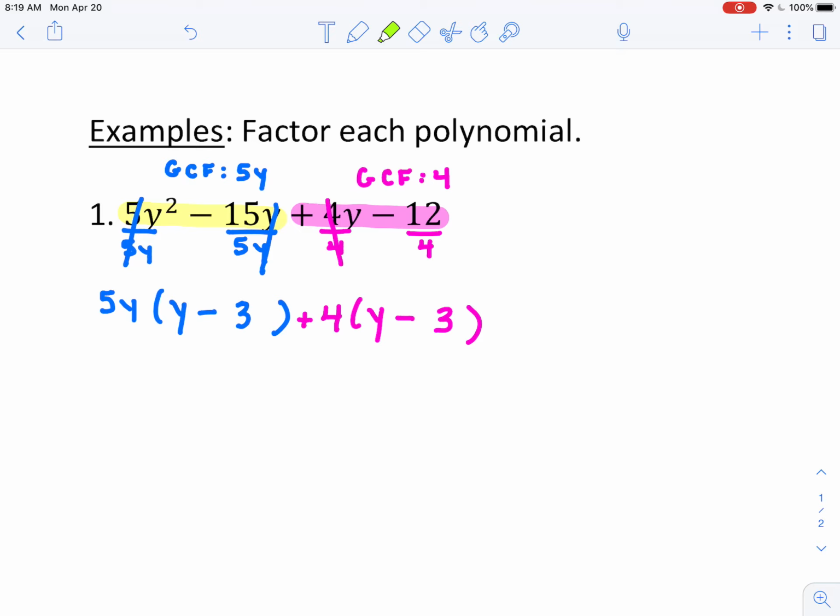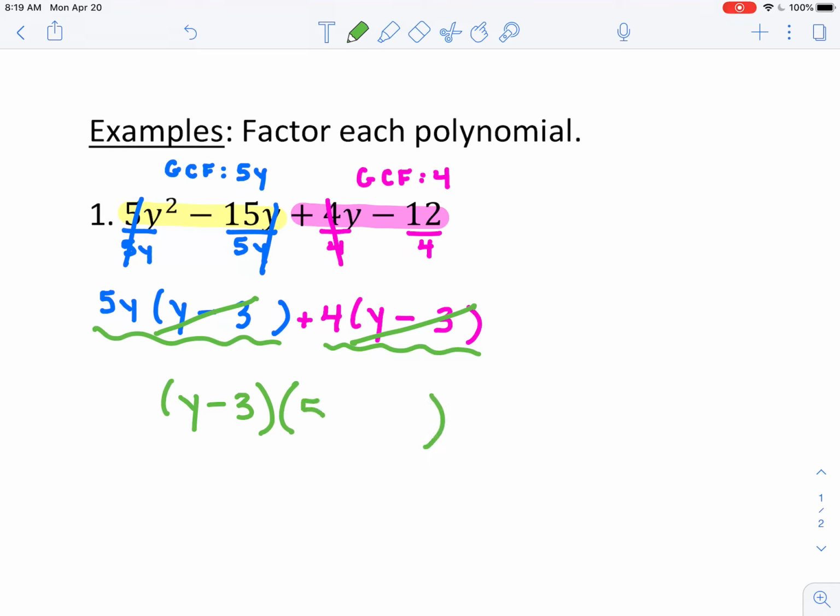But now that we have our 2 parentheses that are the same, we're going to factor those 2 parentheses from each term. So here's one giant term, a plus sign, and another giant term. They each have a y minus 3. So if I factor out that y minus 3 from each term, I can put my leftovers in a second parenthesis.